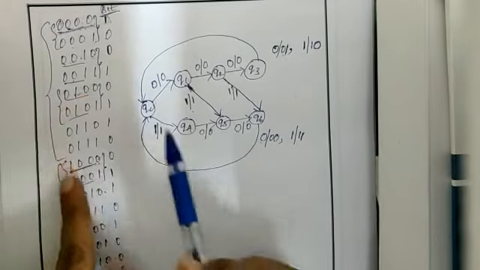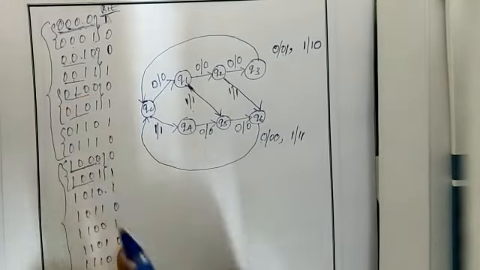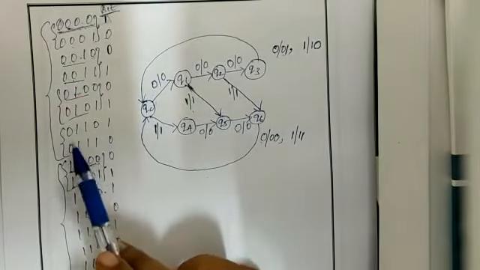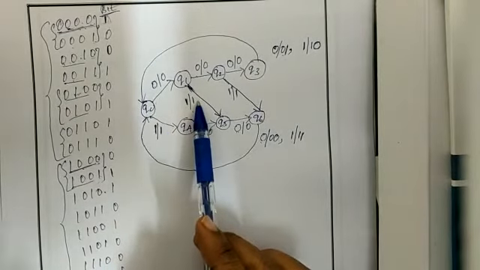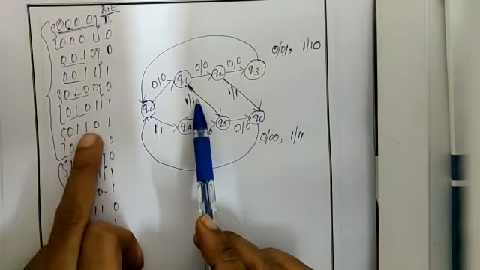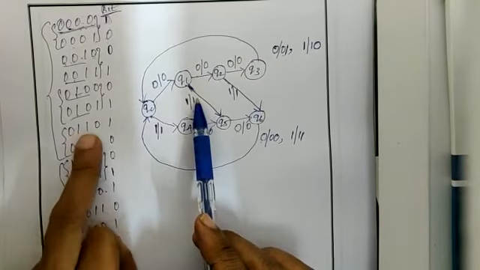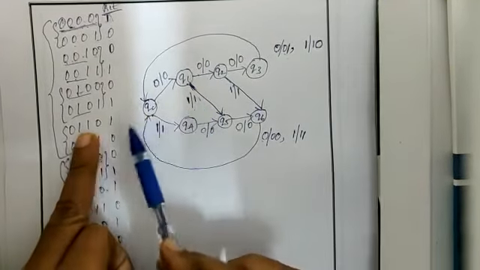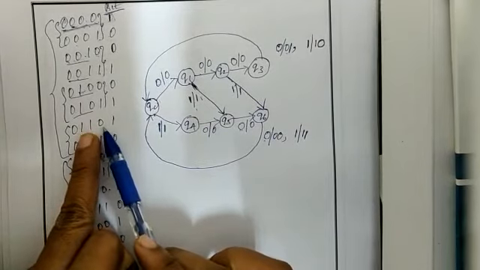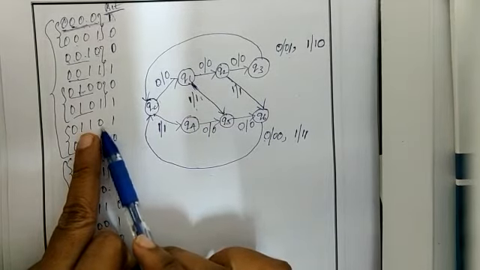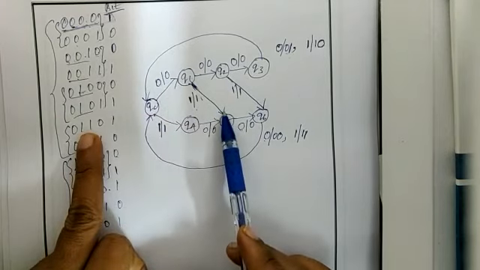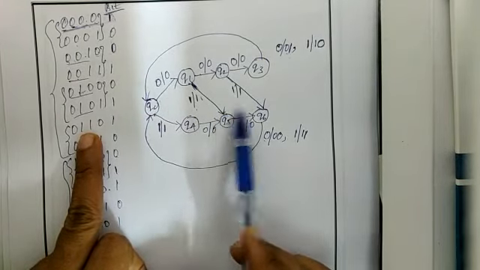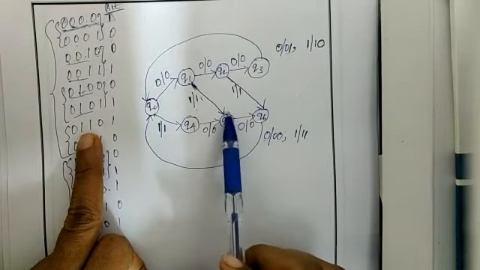Coming to the next two sets, first 3 bits are 0 1 0 and 0 1 1, one more 1 I have. And here, there may be a question: 0 1, after this 1, where should I move, whether to this or that.